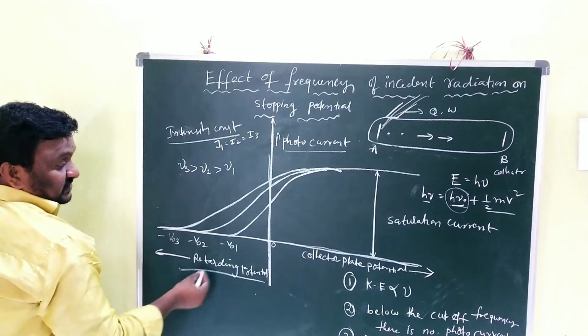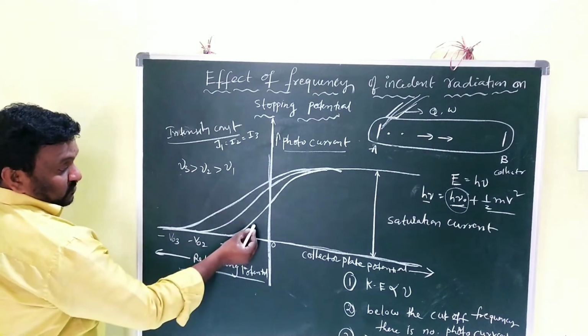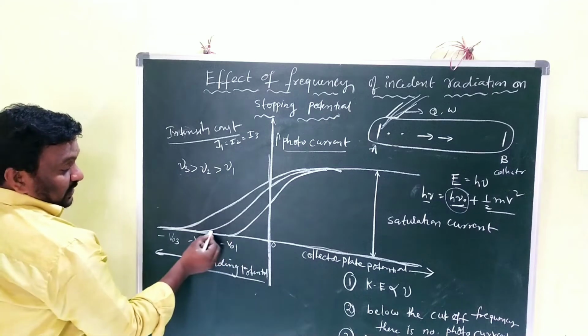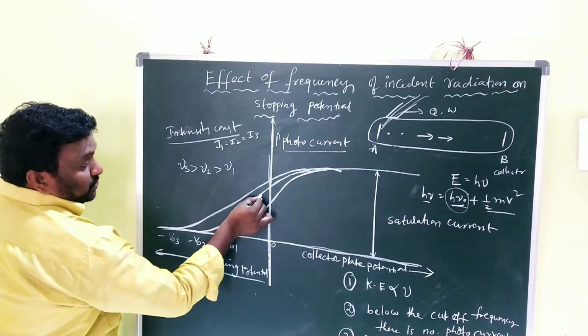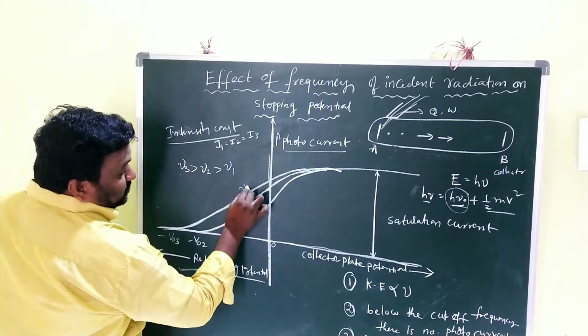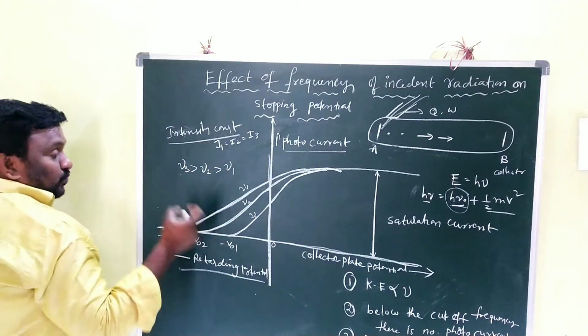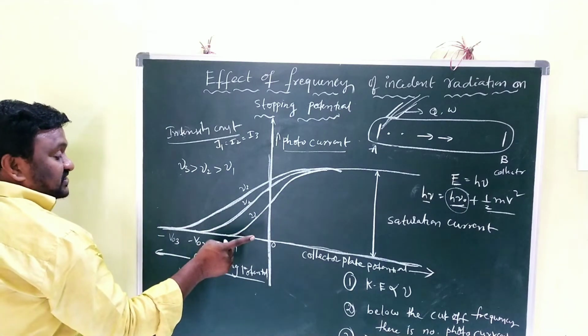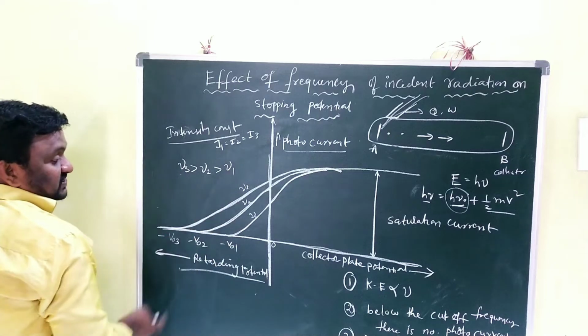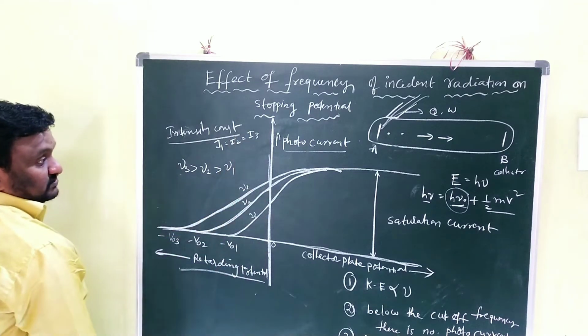But what is the difference? Even though this is I1, its frequency is nu 1, this frequency is nu 2, and this frequency is nu 3. So this is nu 3, this is nu 2, and this is nu 1. When we take the same intensity of light but different frequencies, we get the graph like this.